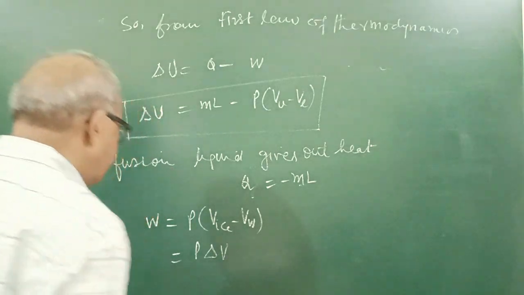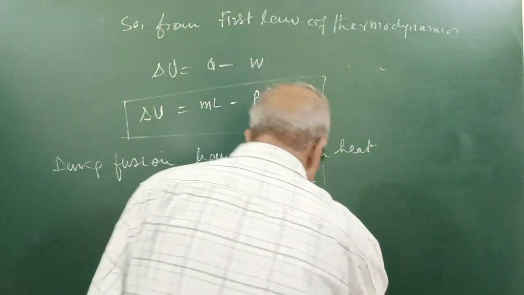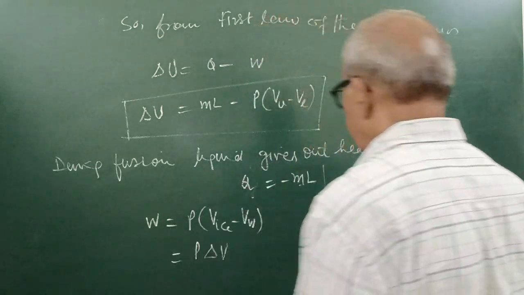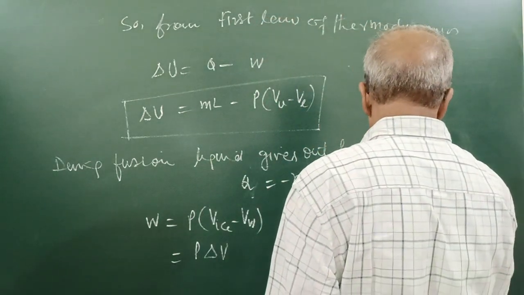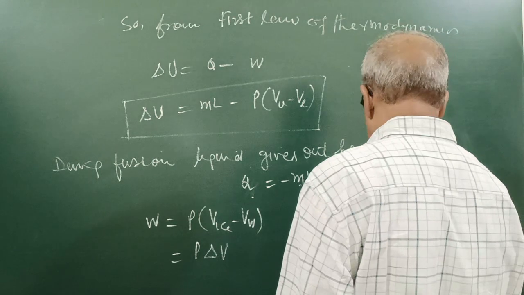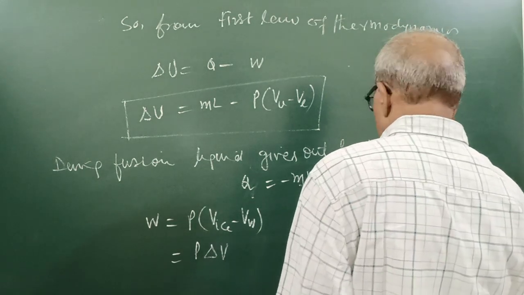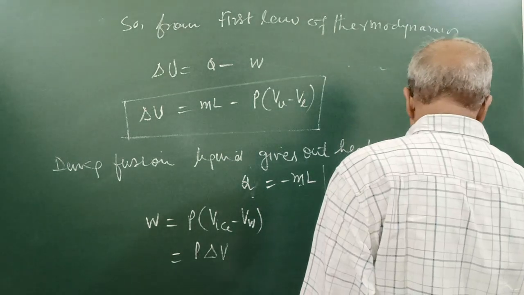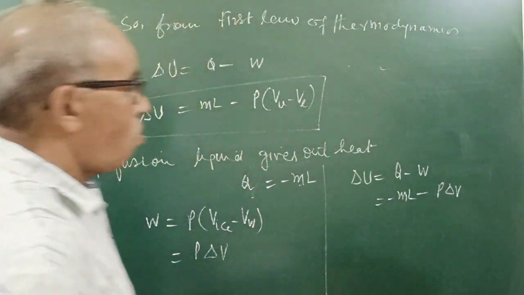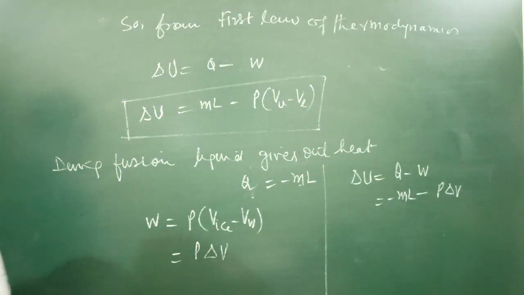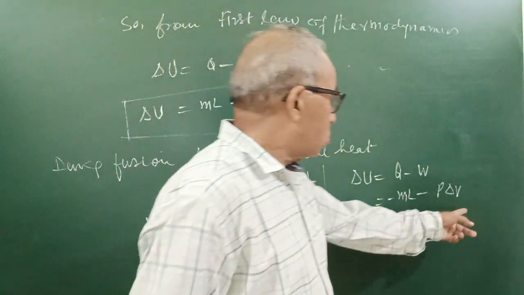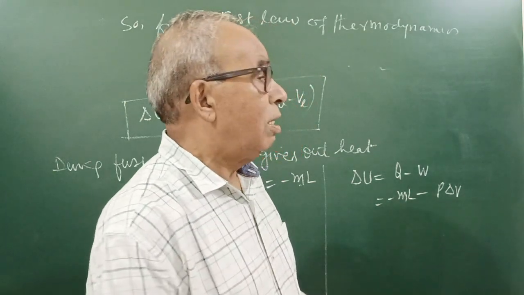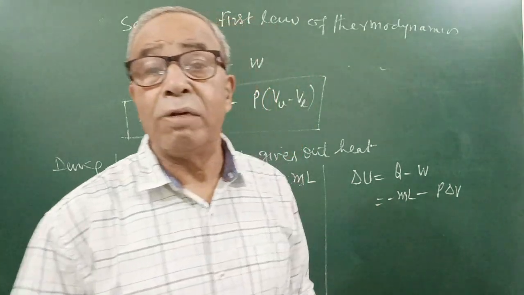You can see from first law delta U is equal to Q minus W, that is minus mL and minus P delta V. So this total will be negative.